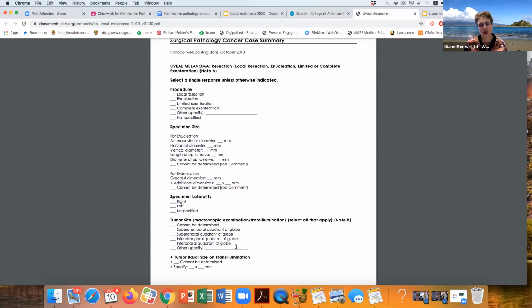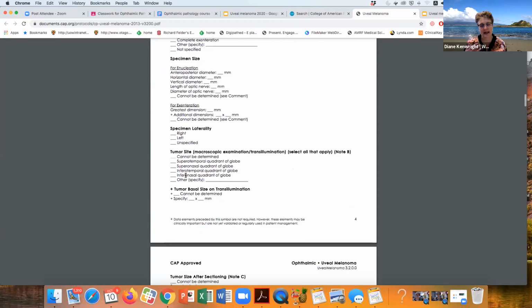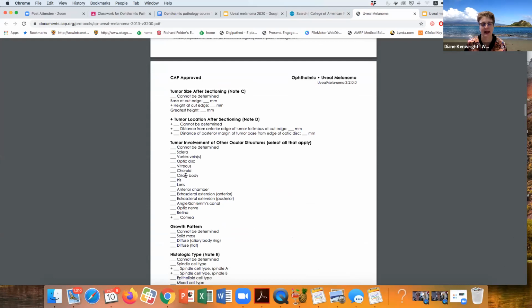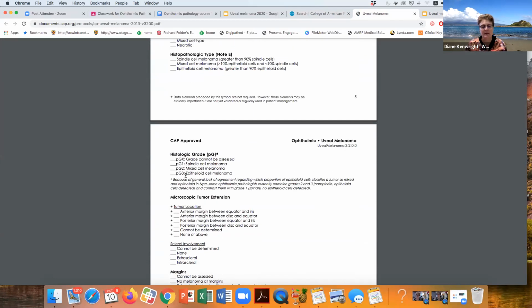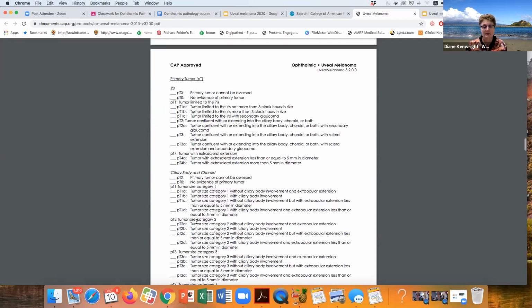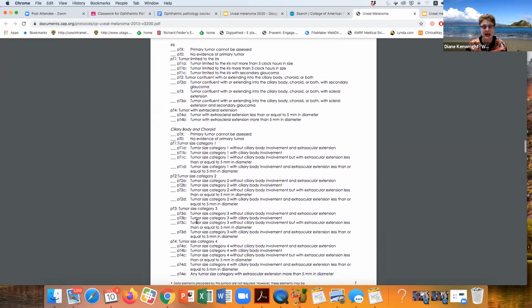And what we do is we choose phrases that fit into these categories. So we will tell you exactly where it is, because we're going through and tick boxing or deleting the correct statements for this. It gives you an idea of the specificity that you should be talking about. So, for example, tumor location, we want to know where its anterior and posterior margins are, and you could incorporate that when you are describing where the tumor is. Down here is the lovely staging system.